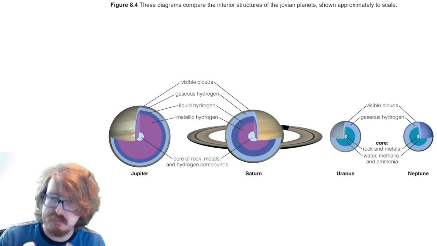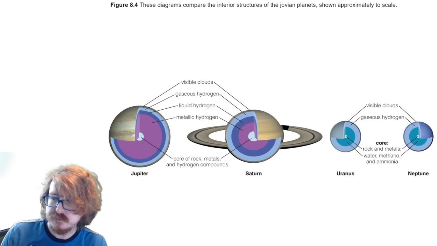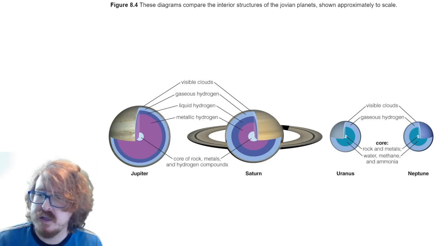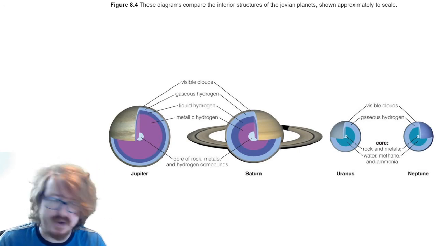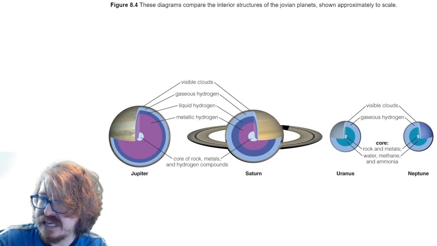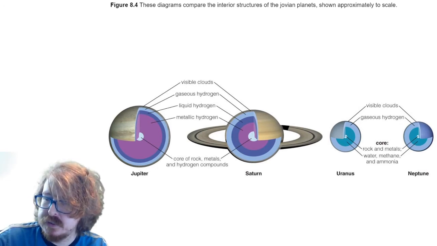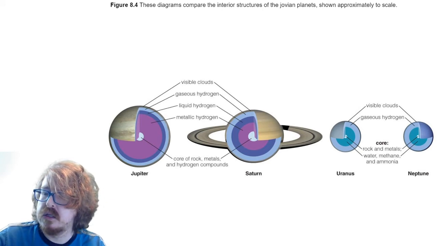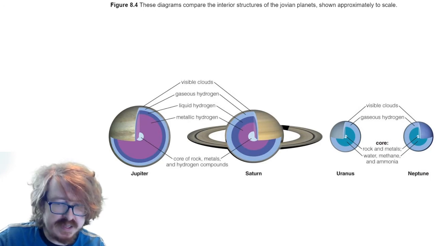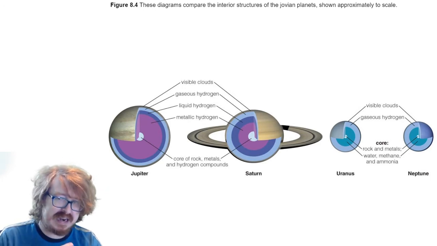How does Earth make its magnetic field? It uses a type of liquid metal. You guys remember what it was? Liquid iron. That is correct. Liquid iron is what gives Earth its magnetic field.